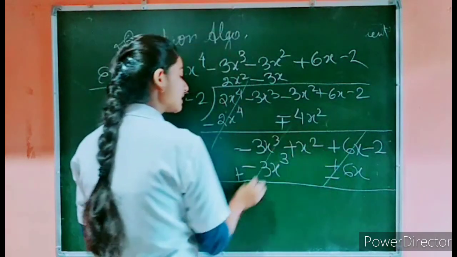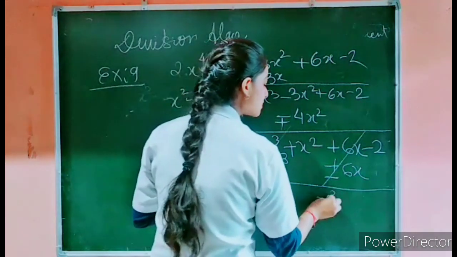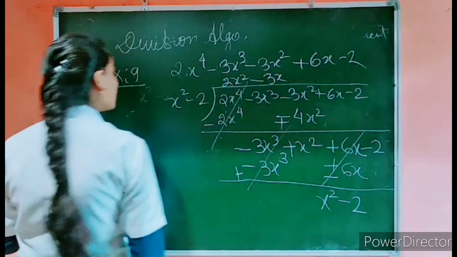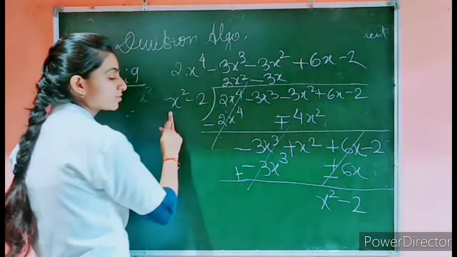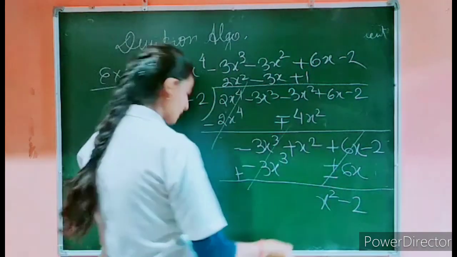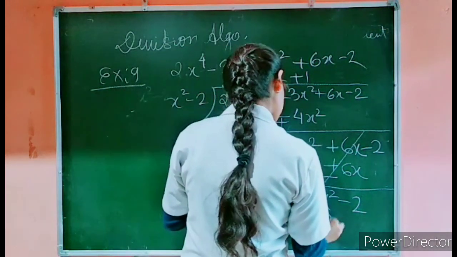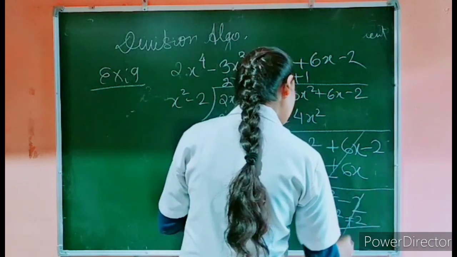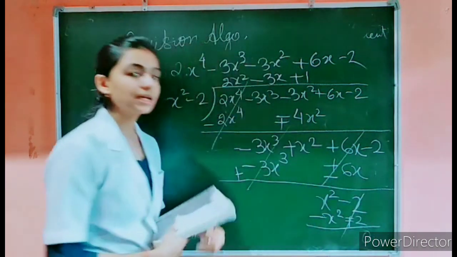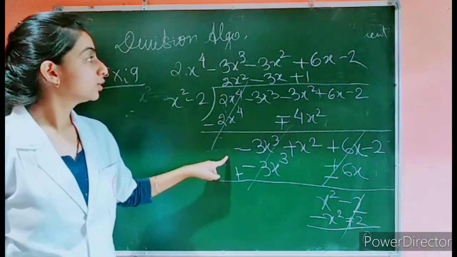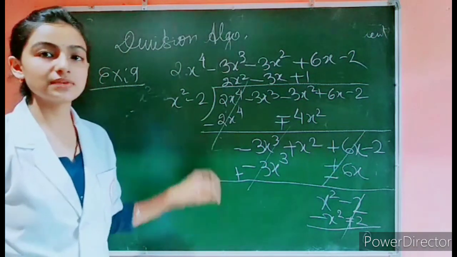This will cancel, we get x square minus 2. Here is also x square minus 2, here is also x square minus 2. So one time, we get the answer 0. This is the process to solve this division algorithm.